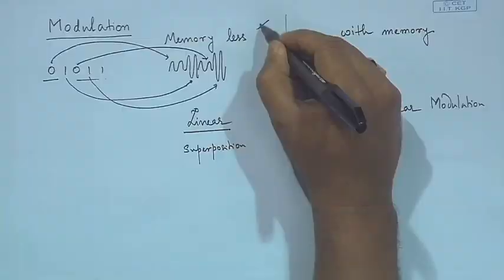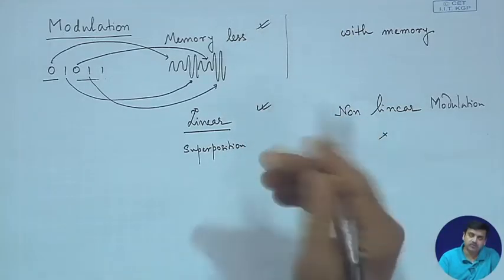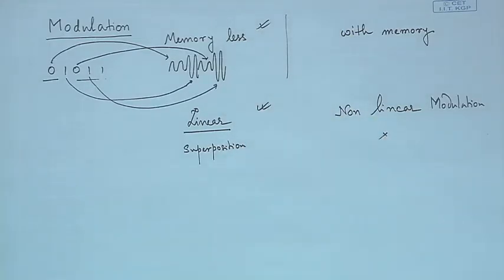These bits are then passed on to the modulator, which is memoryless, and the modulator's job would be to send the signal across the channel, and the error correction code's job would be to protect the bits from getting into errors, right. So, generally we would talk about memoryless, and generally we will also talk about linear modulations, but we would also spend some time on nonlinear modulation at an appropriate point of time, right.